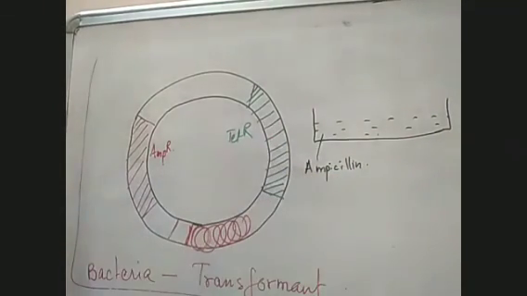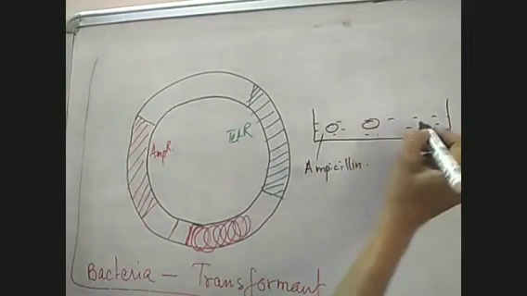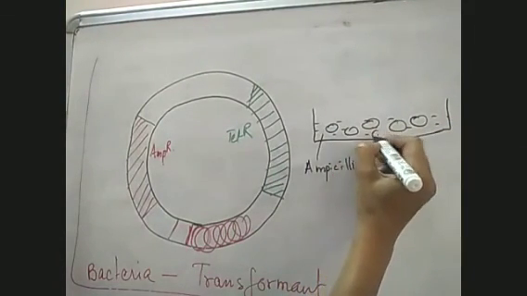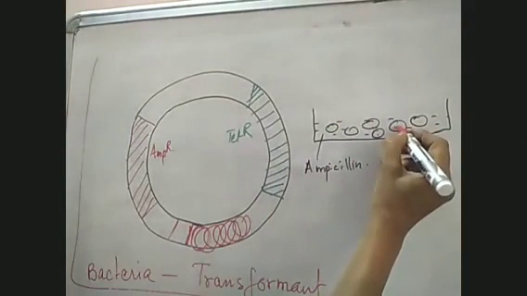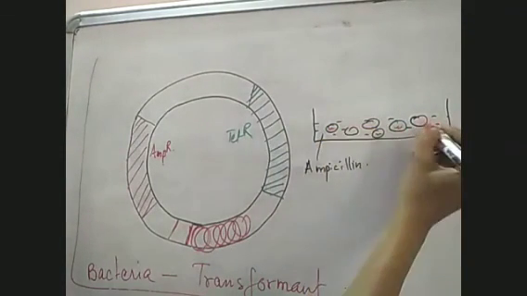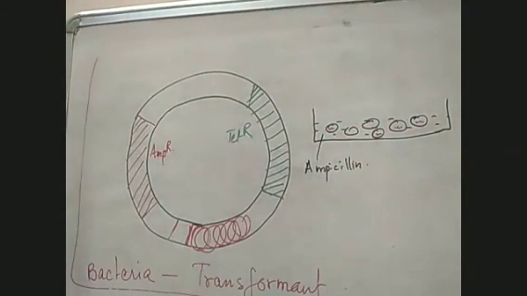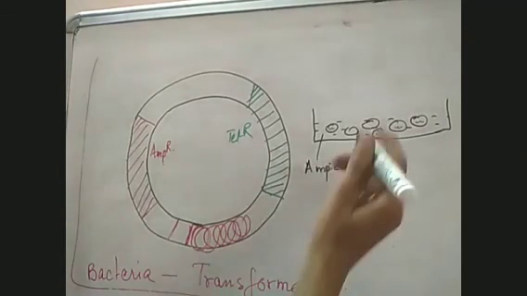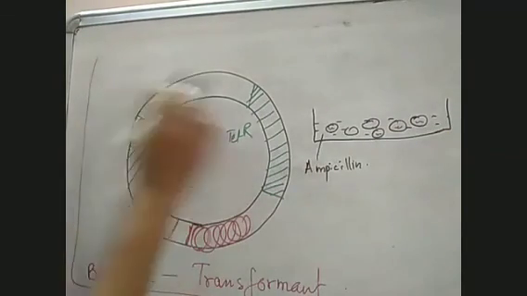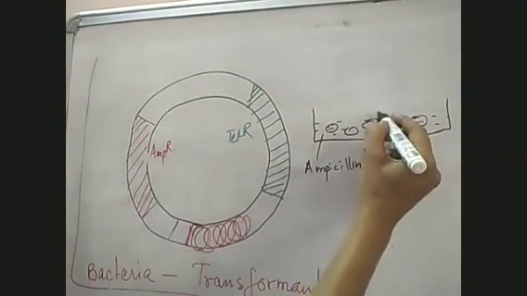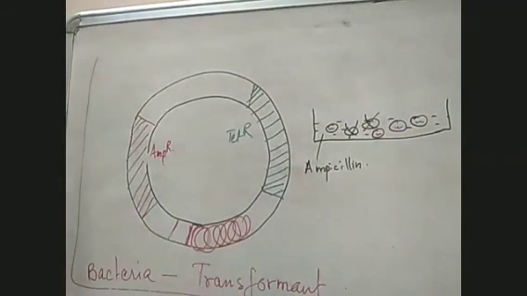Now if we grow the bacteria here, out of these bacteria, some are transformants and some are not. So when it is grown in a culture of ampicillin, which is going to survive? This will survive, this will survive, this will survive, this will survive, because they have this plasmid which has ampicillin resistance, whereas this will die and this will die, because they do not have ampicillin resistance.